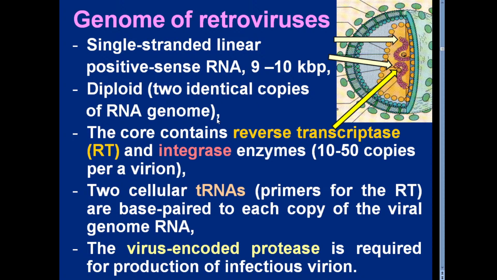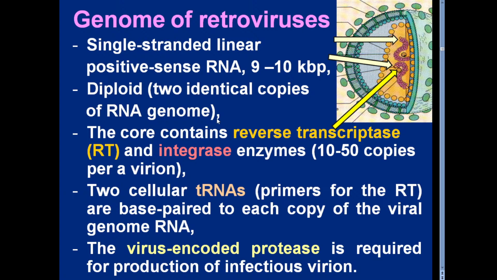Also, in the core, near the genome, are unique enzymes called reverse transcriptase and other enzymes, integrase, and two cellular tRNAs, primers for reverse transcriptase, base paired to each copy of the viral genome RNA. Also, in the virus is a viral encoded protease, which is required for production of infectious virions.